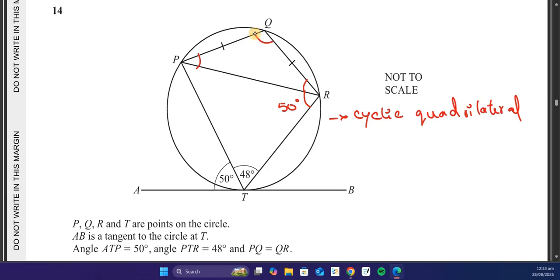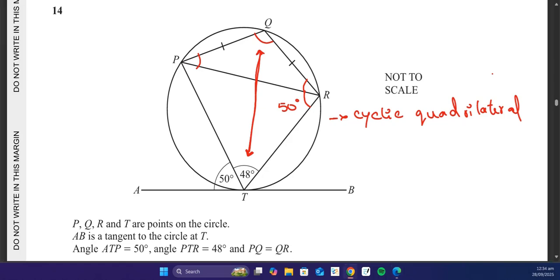So these two angles are not going to be the same. Basically, the sum of these two is 180, because this is a cyclic quadrilateral.